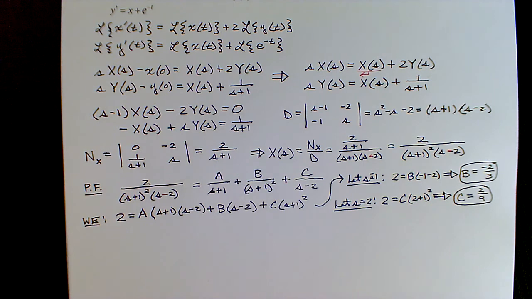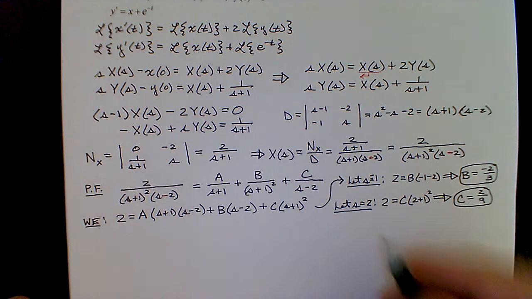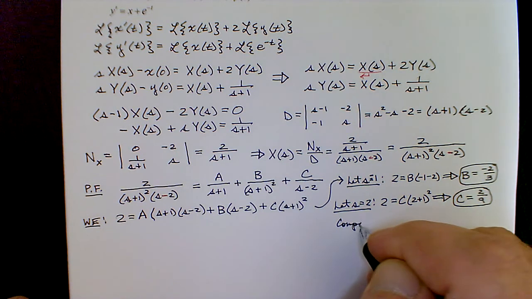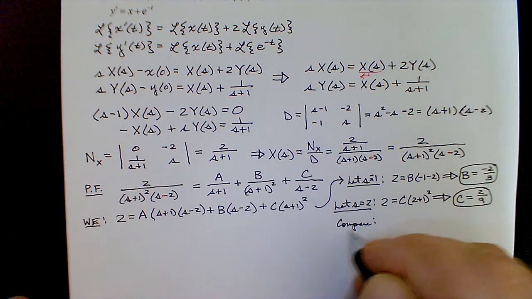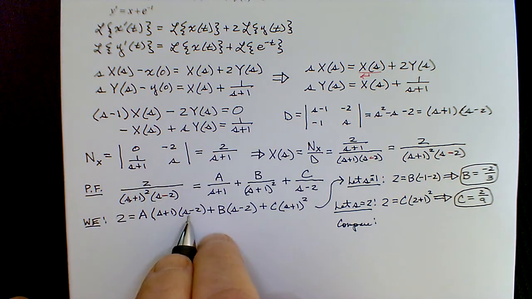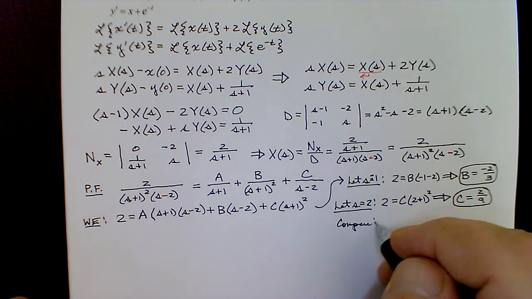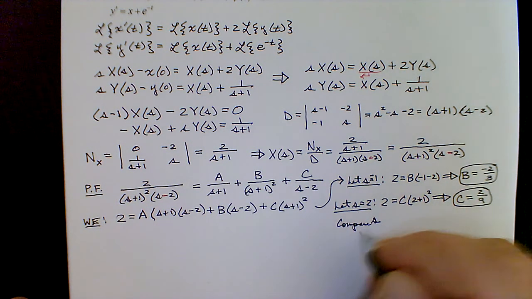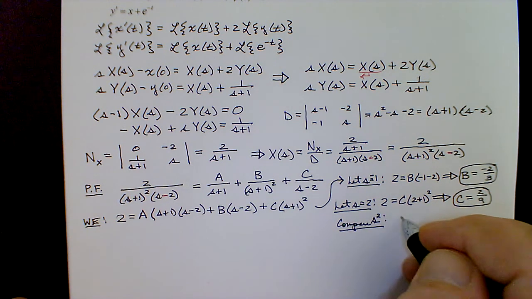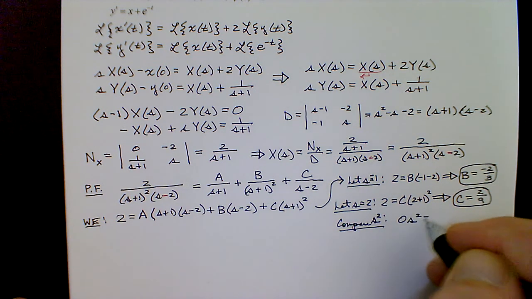Okay, and then we just need to solve for A, and that would be done by comparison. So if we compare, let's say, well, the s squareds look good because that's the highest power of s, and A is associated with that. So compare the s squareds. On the left, we have 0s squared.